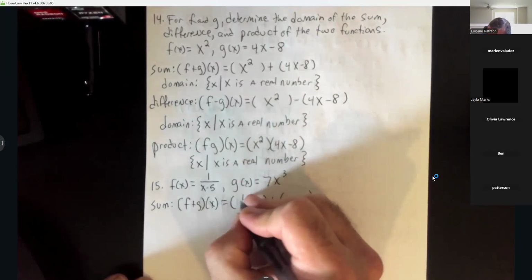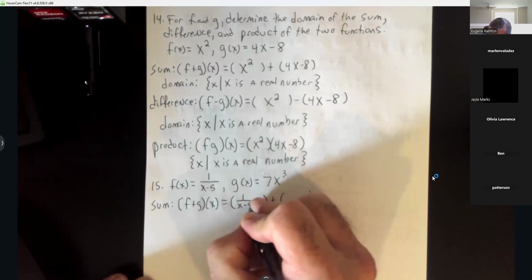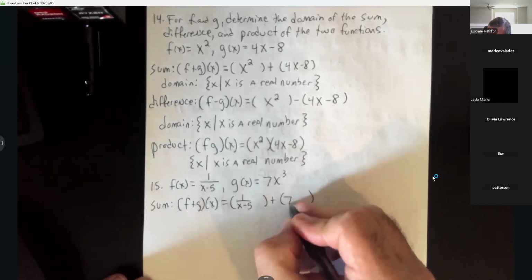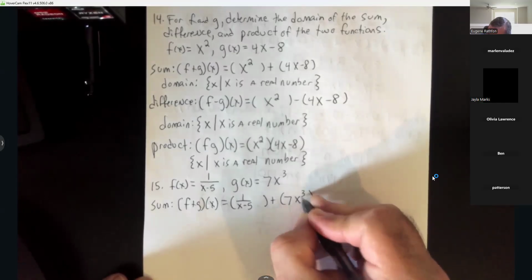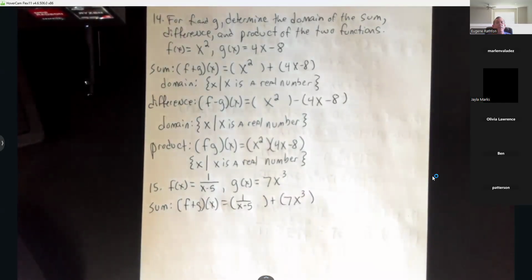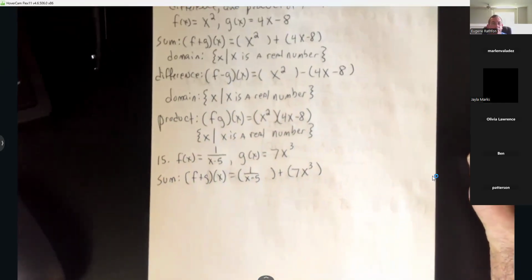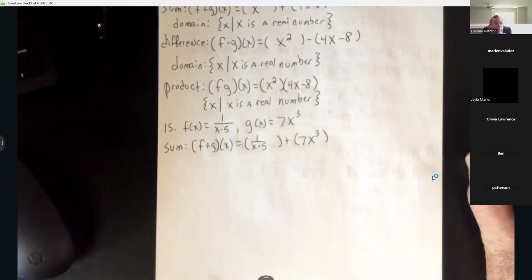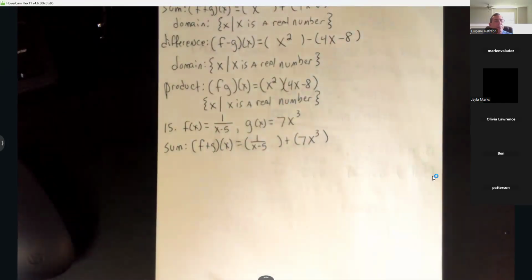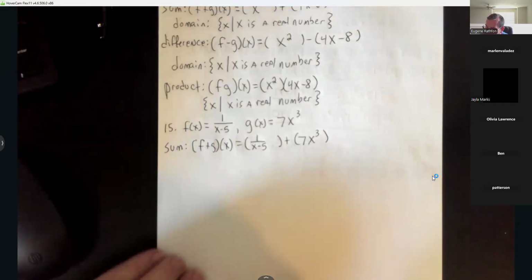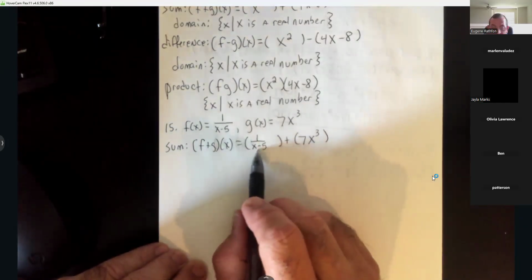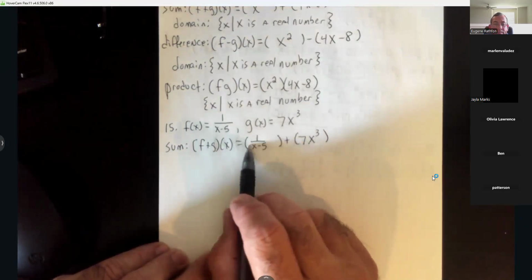Well, y'all, f is 1 over x minus 5. g is 7x cubed. So for this one, do y'all have any numbers that y'all need to exclude from my domain? You definitely do. There is a fraction right here, y'all.